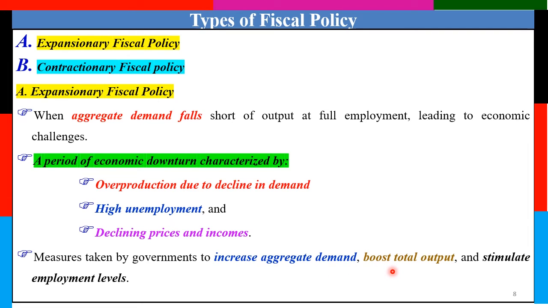That boosts or increases the total output and stimulates or encourages employment levels. So this is in short how the expansionary fiscal policy can be adopted, during what? During the downfall of the aggregate demand.